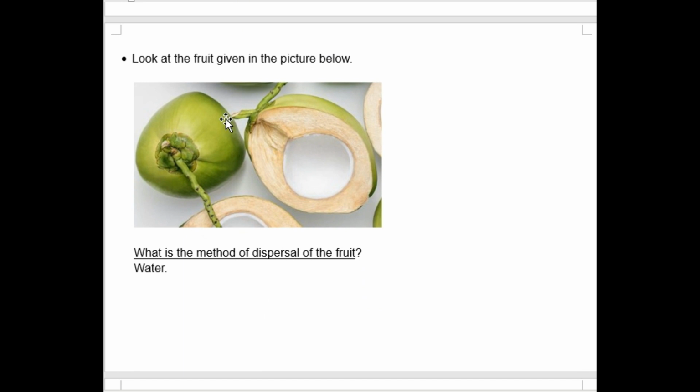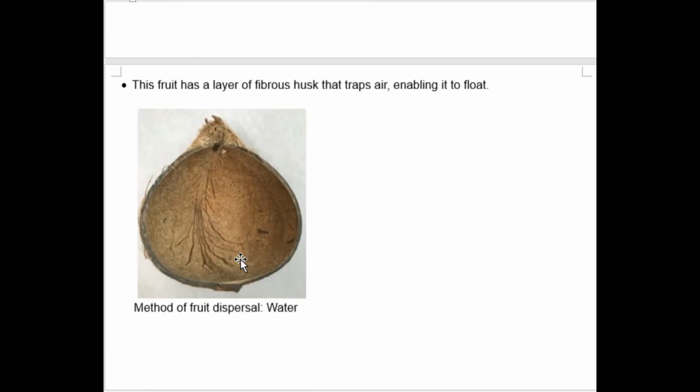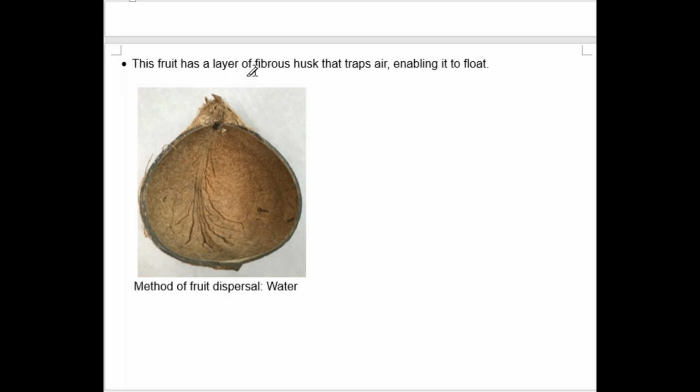Look at the fruit given in the picture below. What is the method of dispersal of the fruit? Water. This fruit has a layer of fibrous husk that traps air, enabling it to float.